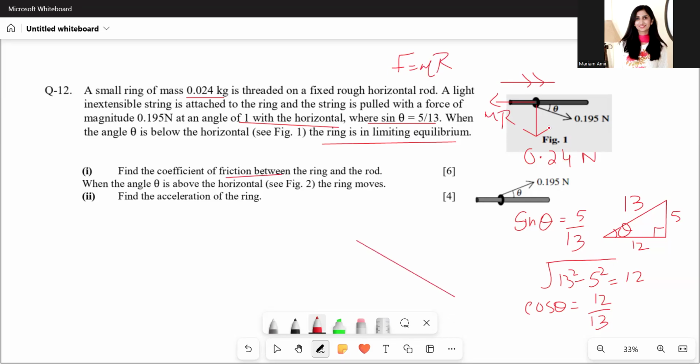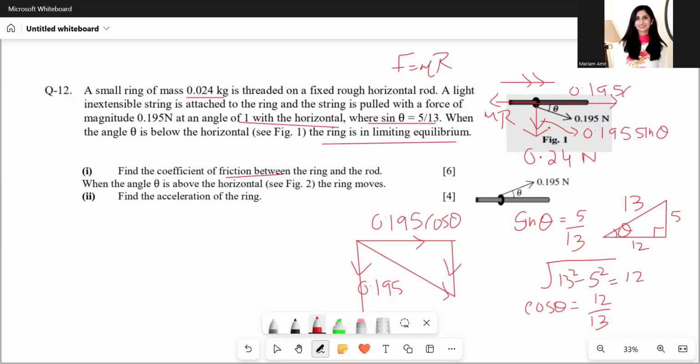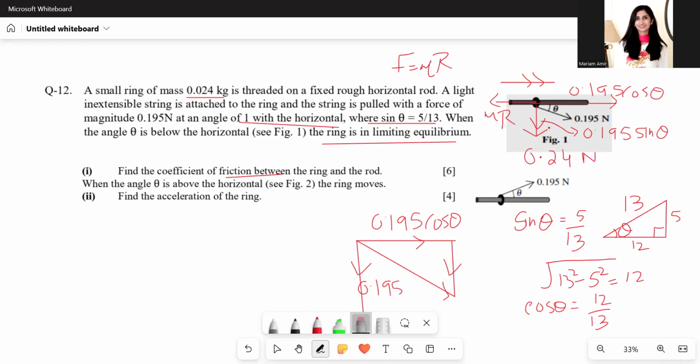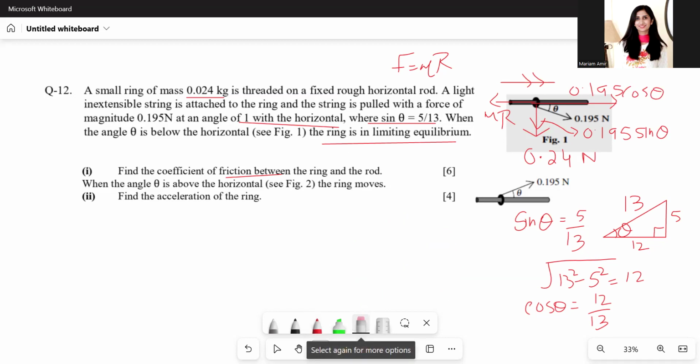Now there'll be two components of this 0.195 newton force: one in this direction, the cos component, which would be 0.195 cos theta, and the sine component, which I'm going to draw here, 0.195 sine theta.